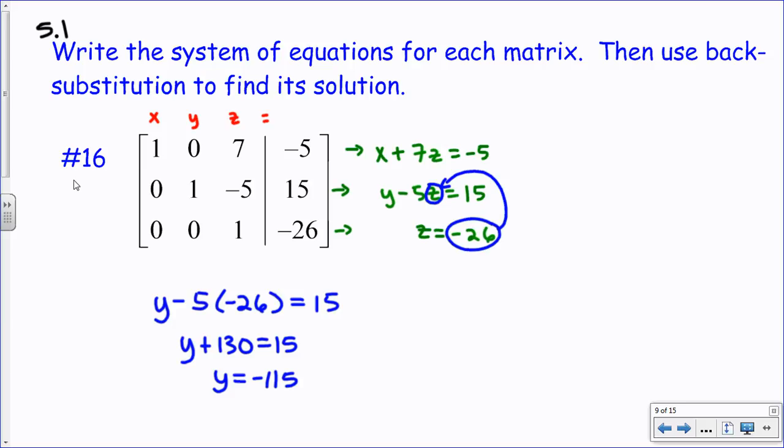I don't need y to find x because my first equation just has x and z. So I will again plug -26 in for z. So that's x plus 7 times -26 equals -5.